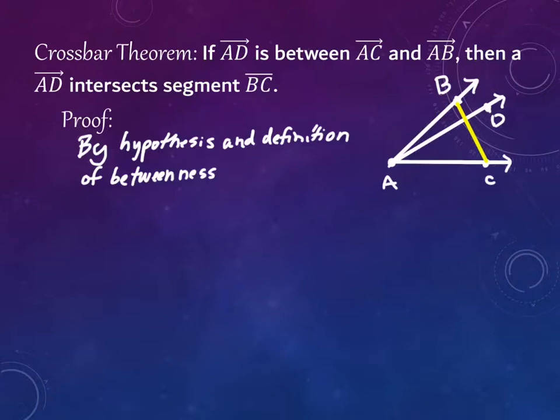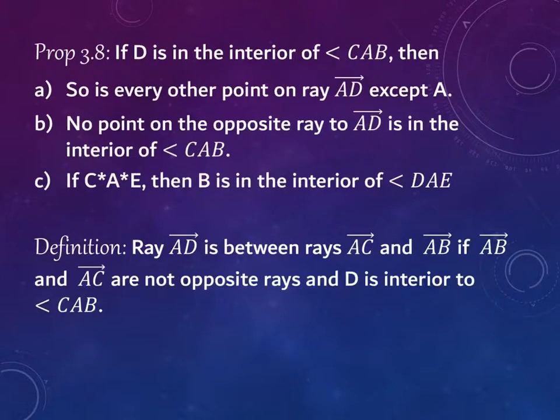The ray AD is between rays AB and AC, but what can we say about the point D? Is it on the opposite side of A? No, we have to have a line to talk about sides, and we don't have a line yet. Take a look at the definition here. What does it say about D? It's interior. Yeah, it's an interior point.